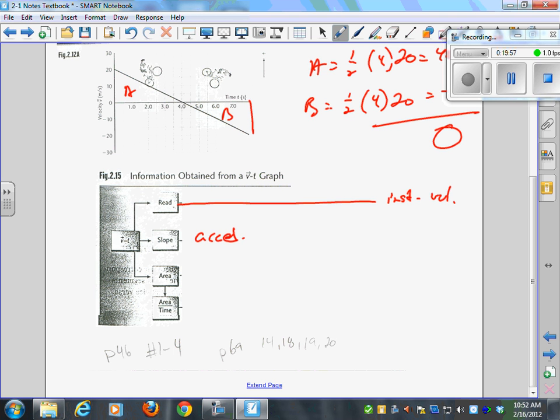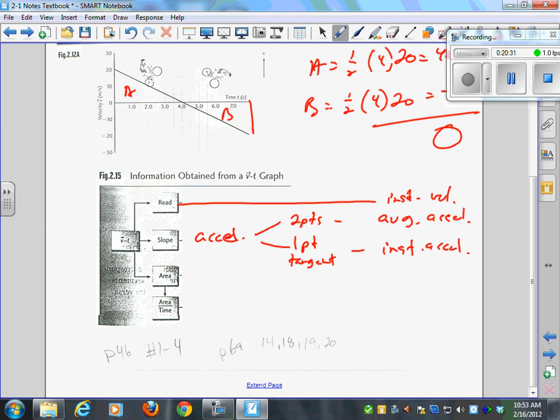This is again on the bottom of page 45. If I find the acceleration with 2 points, well then that means I'm finding average acceleration. I'm recreating that chart on the bottom of page 45. If the acceleration is found with 1 point, which means a tangent line, then that means I'm finding instantaneous acceleration.